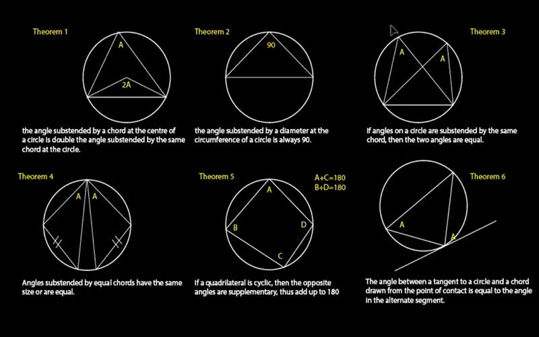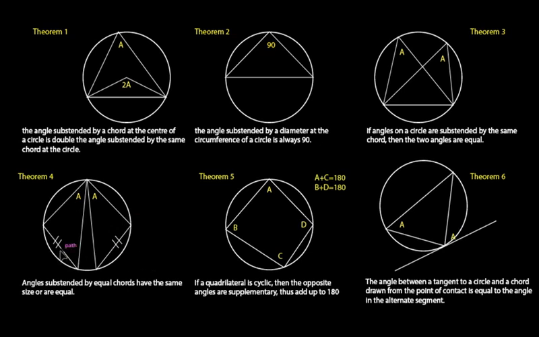It doesn't matter if the second angle is located somewhere further down. Once it is subtended by the same chord at any point on the circumference of the circle, those two angles are equal. So let's have a look at the fourth theorem.